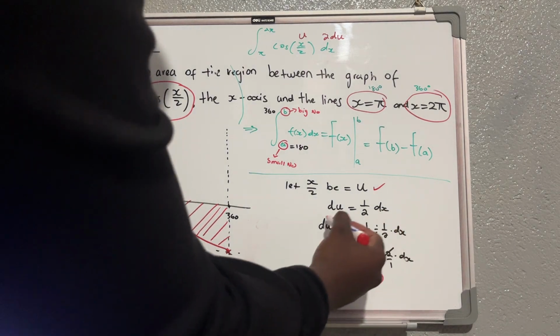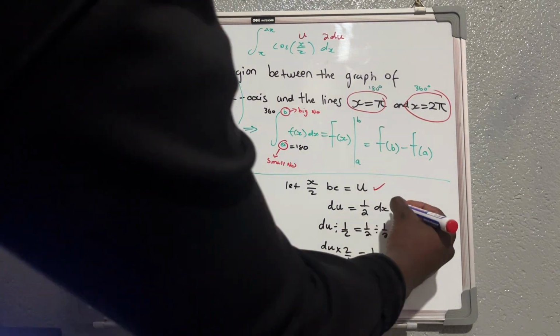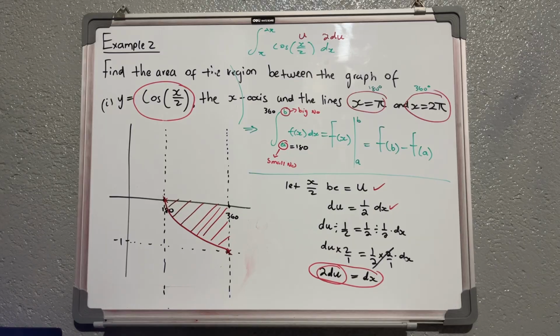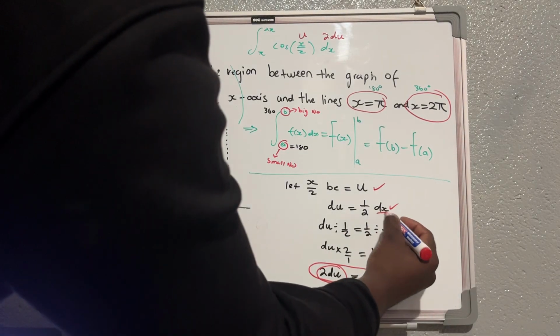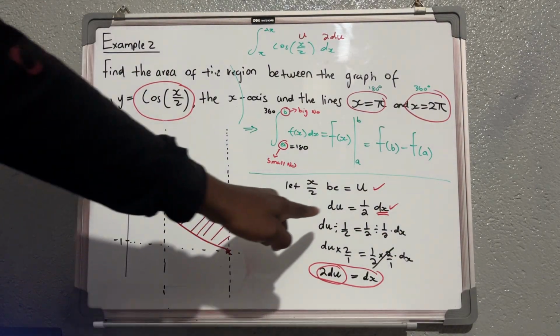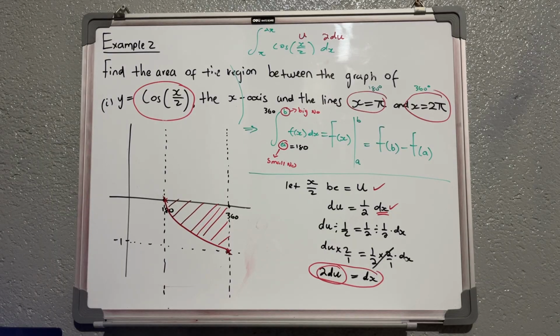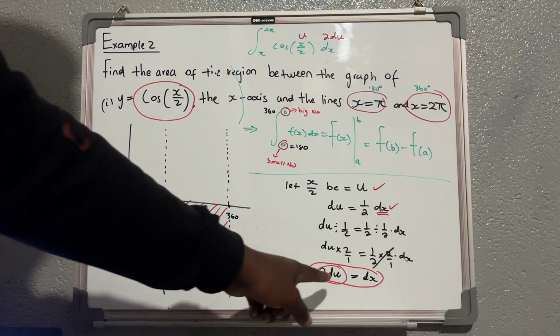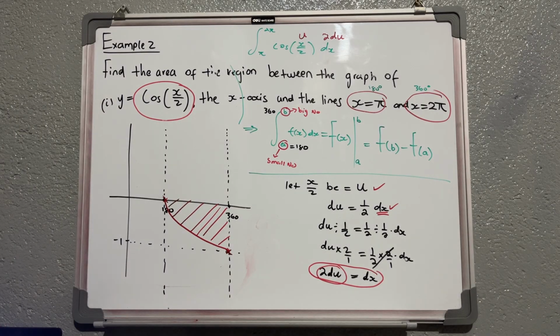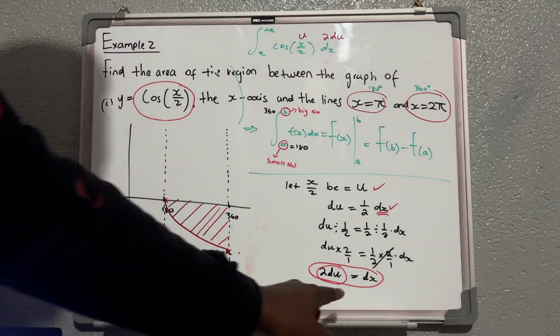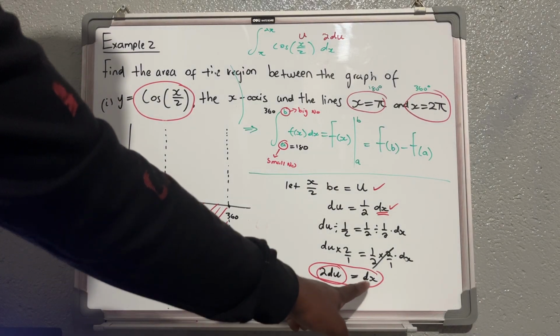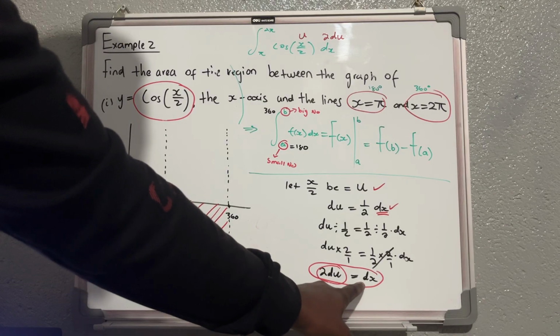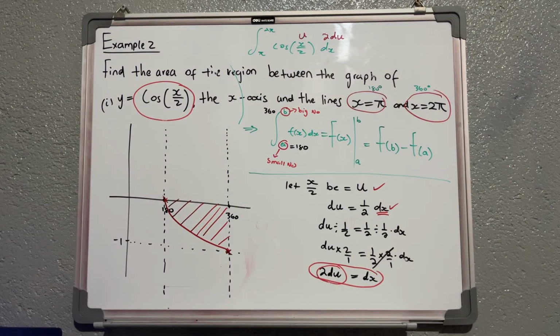Basically, this part I was differentiating in terms of dx, so that where I see my dx, I will be able to replace it with what I've got in terms of u. So which is what I did at the end. I got my 2 du is equal to your dx. See?